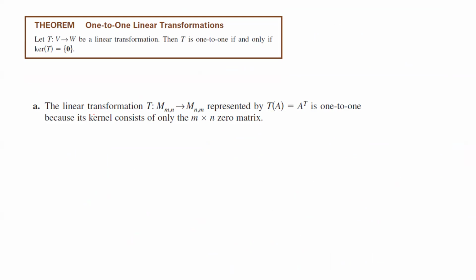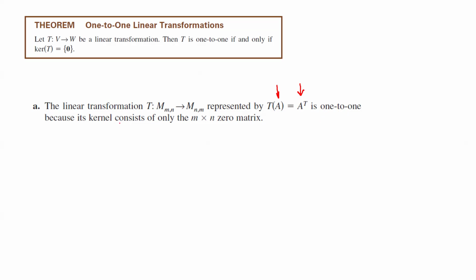Now let us go back to the linear transformation that takes every vector and gives you the transpose of that matrix. In this case, when we're talking about vectors, we're talking about matrices. This is a one-to-one linear transformation. Why is that?